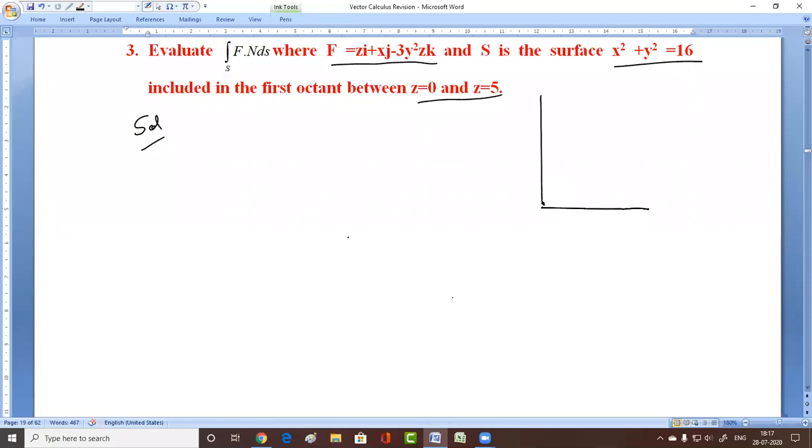Now this is the x-axis, y-axis and z-axis. I will take the circle here. Now extend the circle.